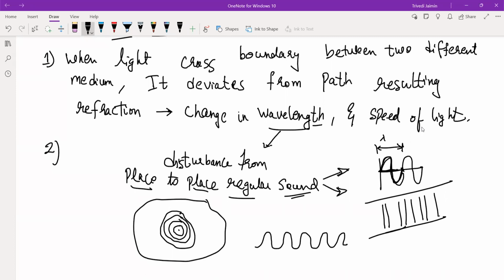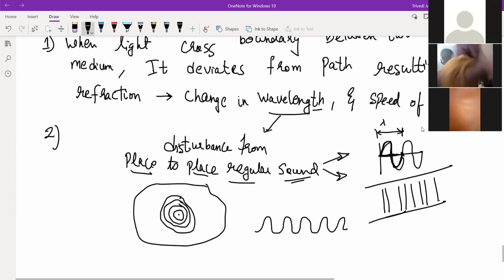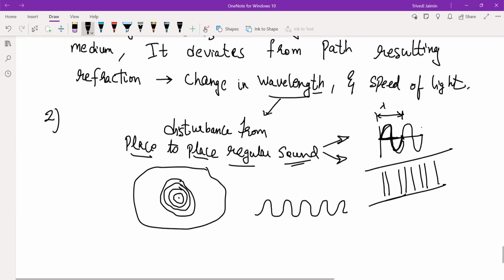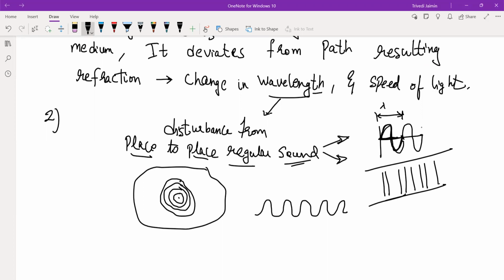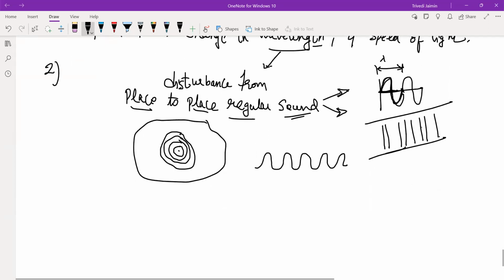You didn't? Okay, let's see some other way. Let me give you an example. Have you been in a lake or some pond where water is stagnant, like steady? It's not moving easily. Yes, sir. If you throw a stone in that, what will happen? Because of the vibration of the stone, the whole lake will get vibrated.